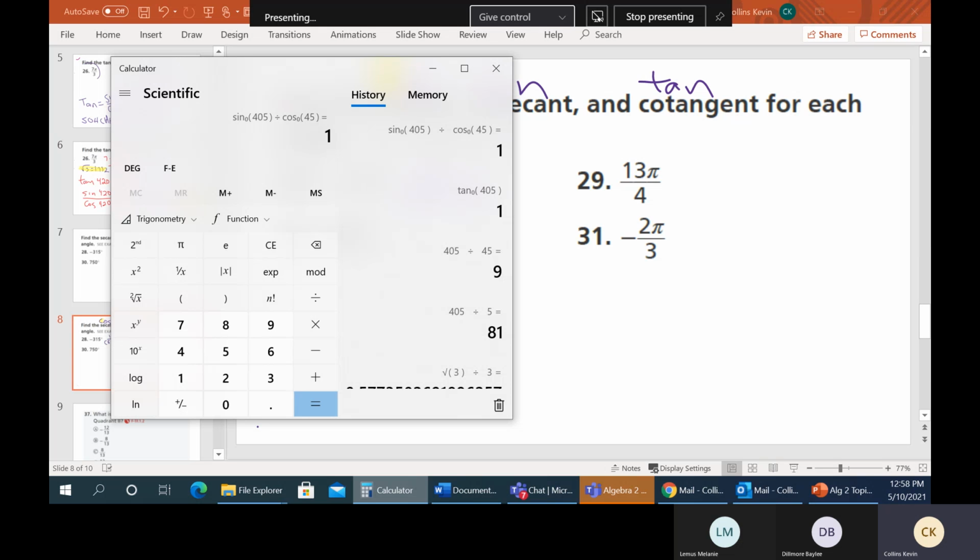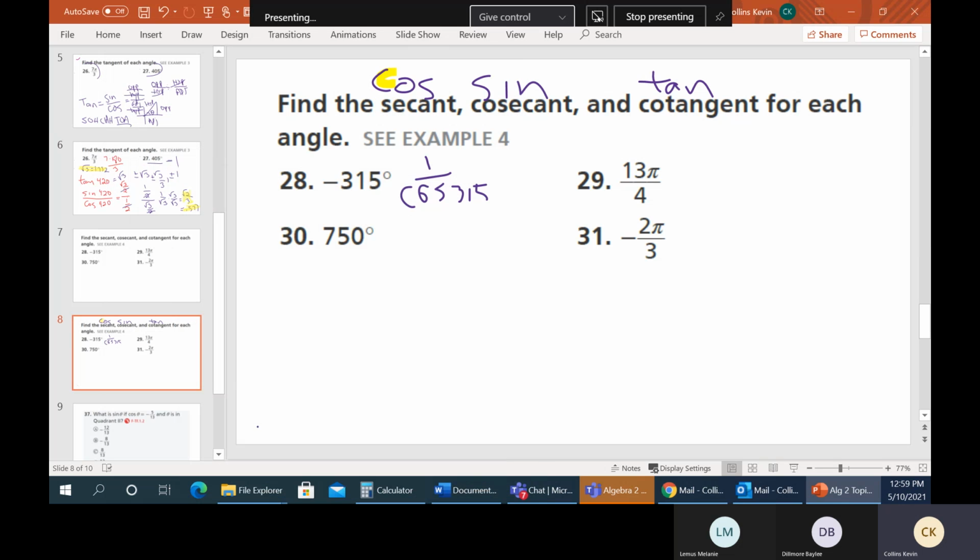We can do the cosine of 315. Find our cosine, and there's our good buddy, square root of 2 over 2. So this would be 1 over the square root of 2 over 2.